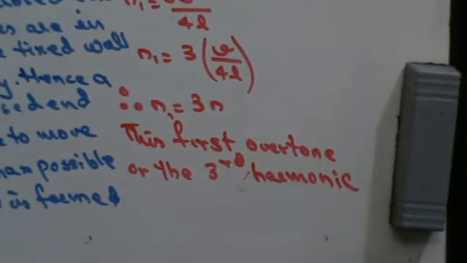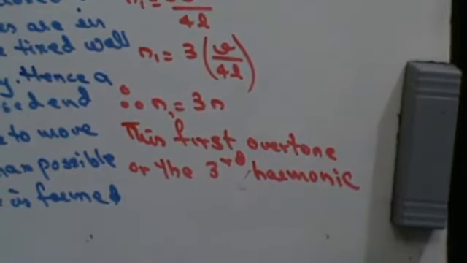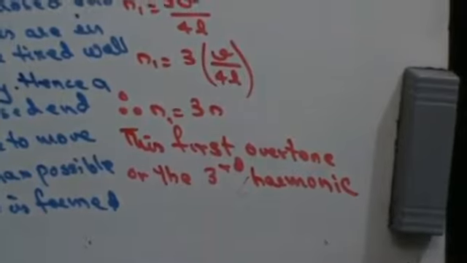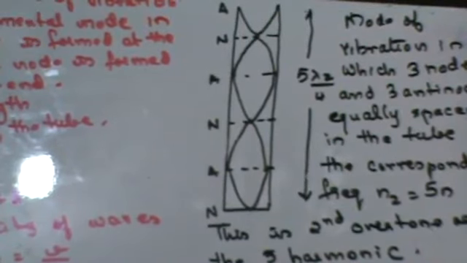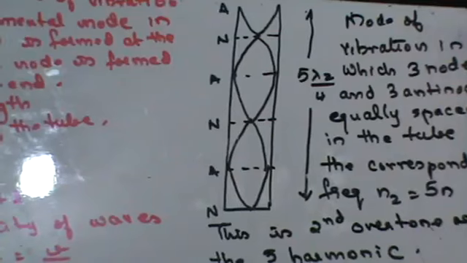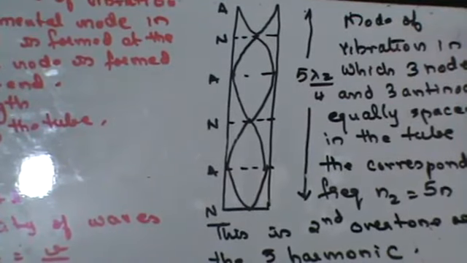First overtone produces the third harmonic, second overtone produces the fifth harmonic. That means only odd harmonics are produced in a tube which is closed at one end. The even harmonics are missing.